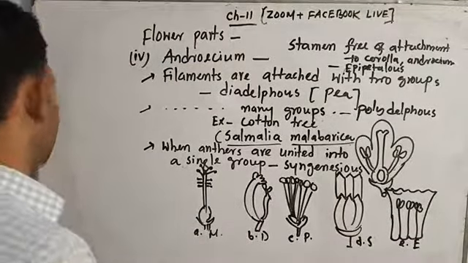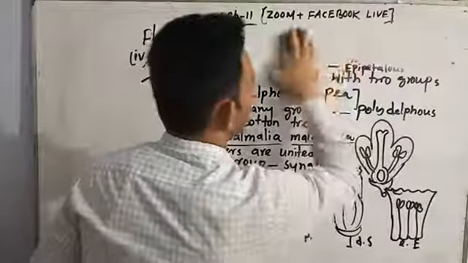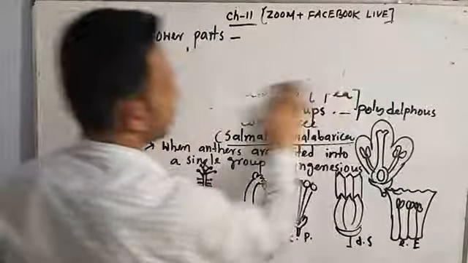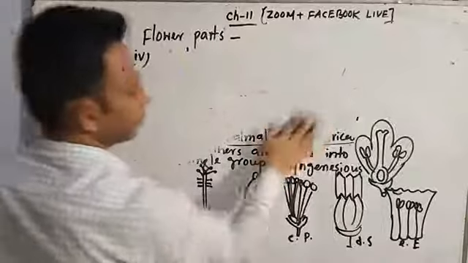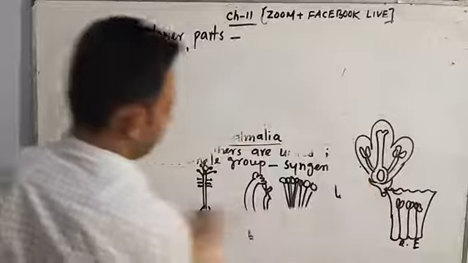And the last part of the flower is the gynoecium. We will try to understand about the gynoecium now, within short parts. Gynoecium.